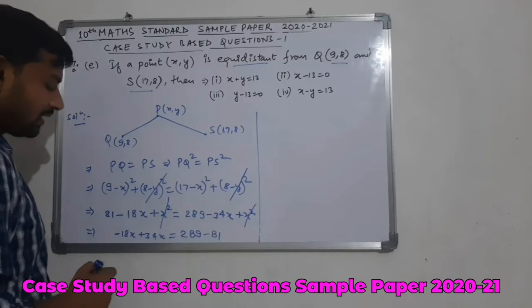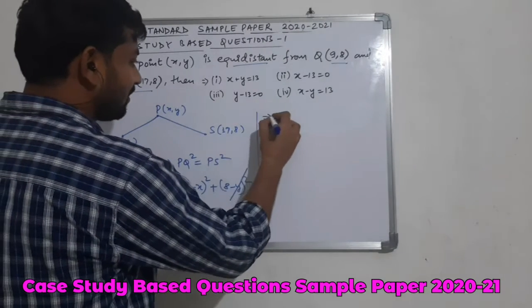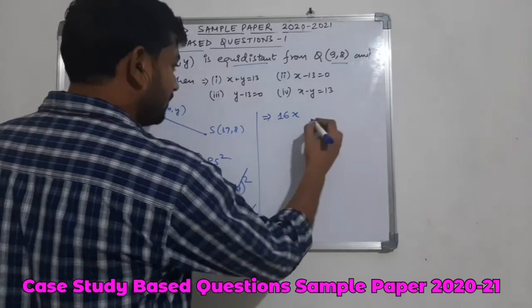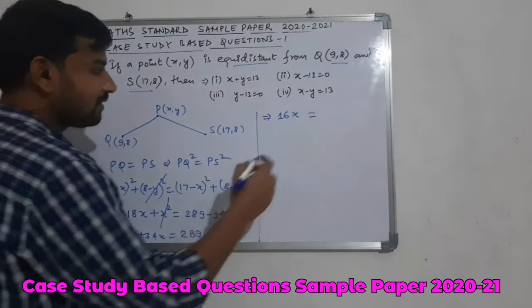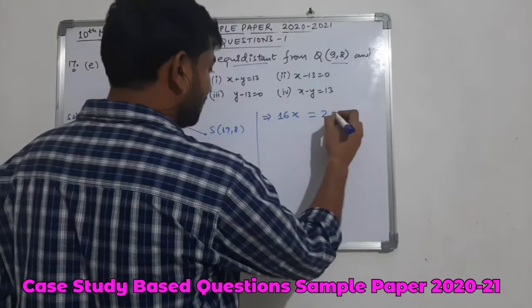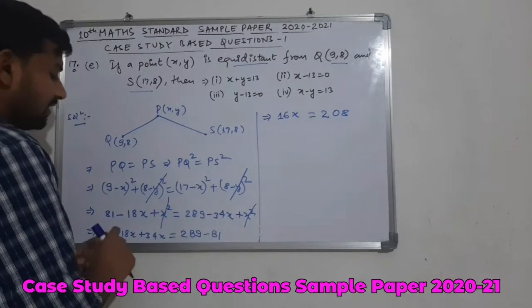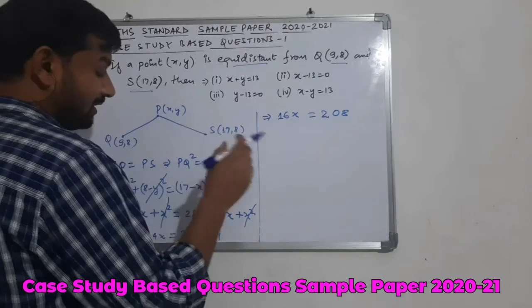So here we are getting 34 minus 18, that is 16x, is equal to 289 minus 81.